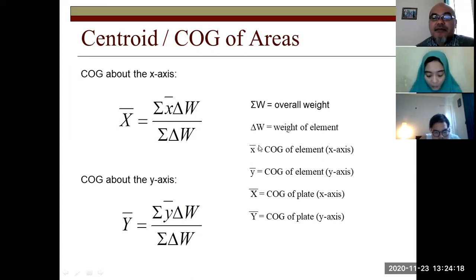The small x upper bar is the center of gravity, or centroid if it is uniform, of the element from the y-axis, and small y upper bar is the center of gravity of each element from the x-axis. So the y coordinate of the center of gravity equals sigma small y upper bar delta W divided by sigma delta W.